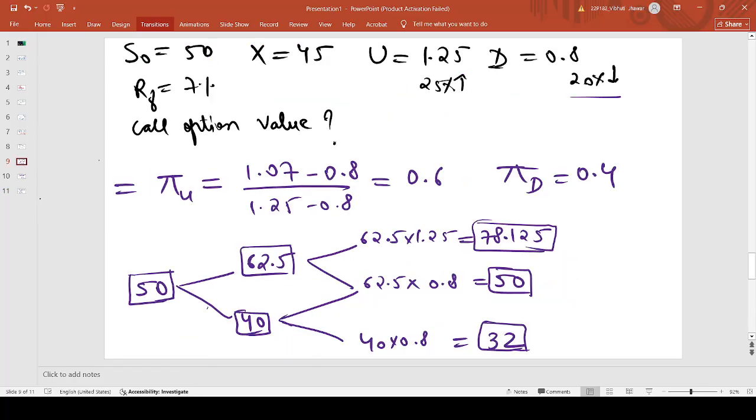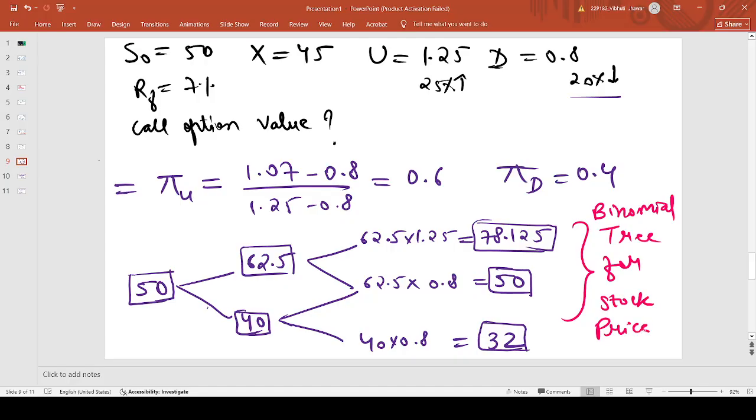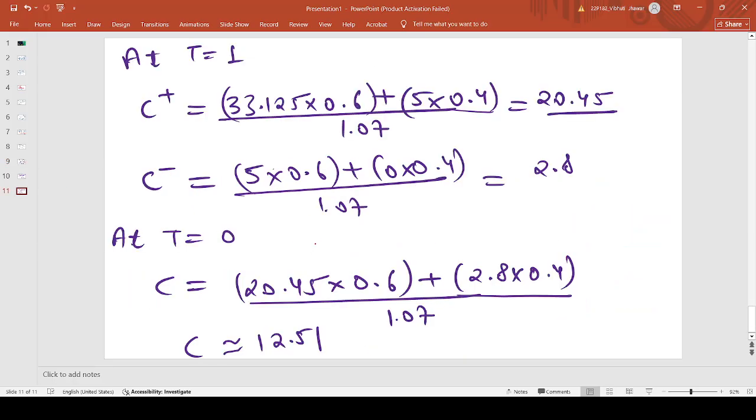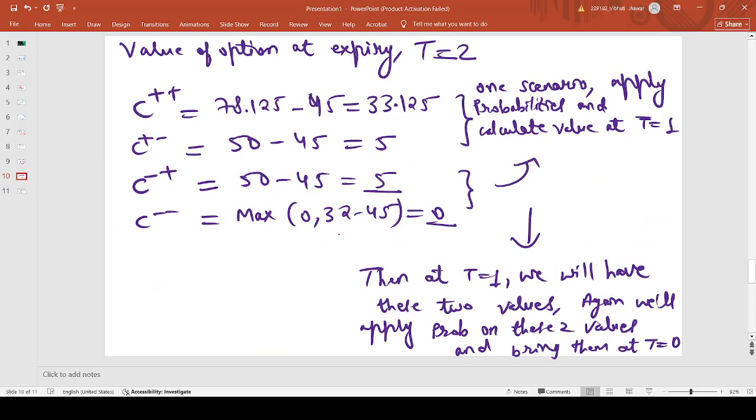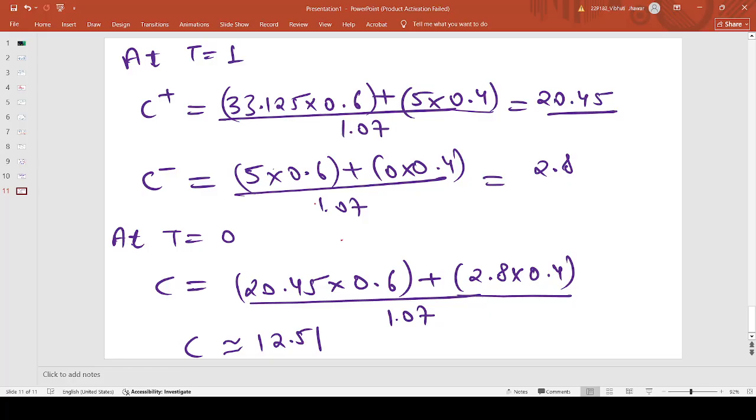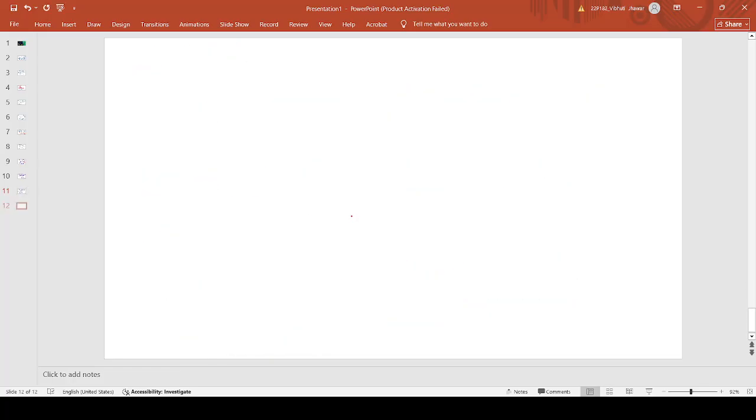So one thing I want to say, this was the binomial tree for stock price. Now we can create the binomial tree for option price, for the same example.